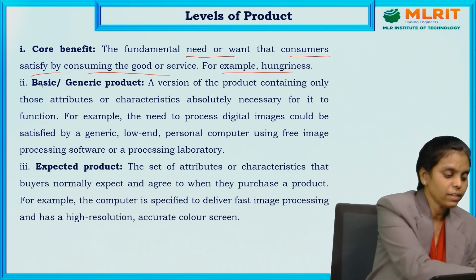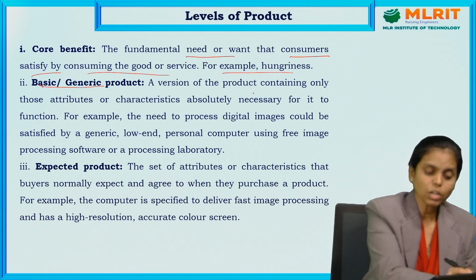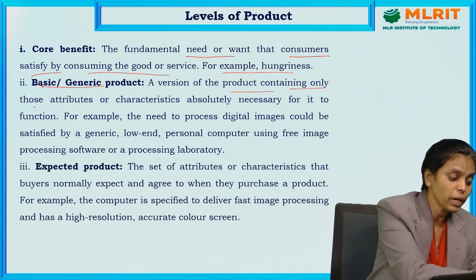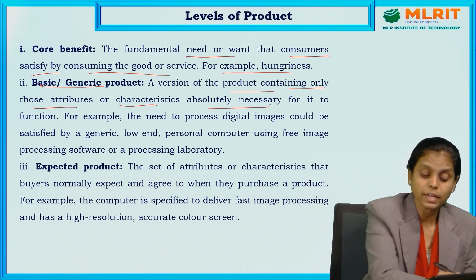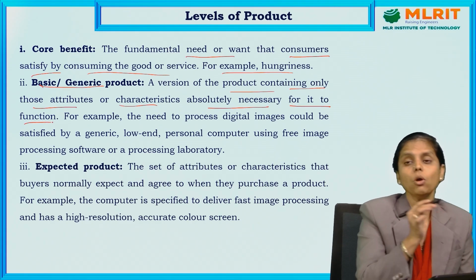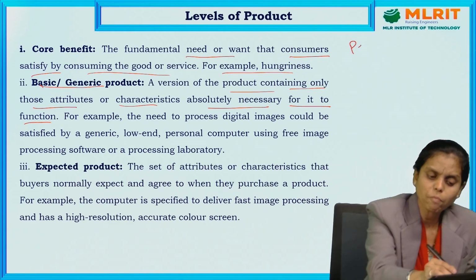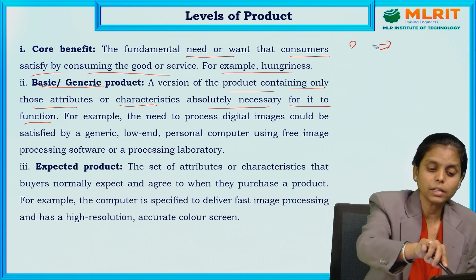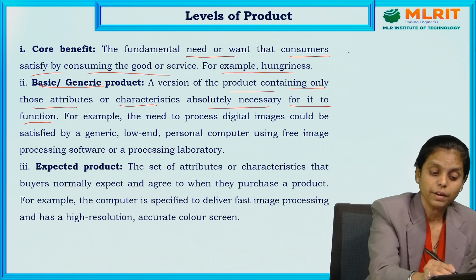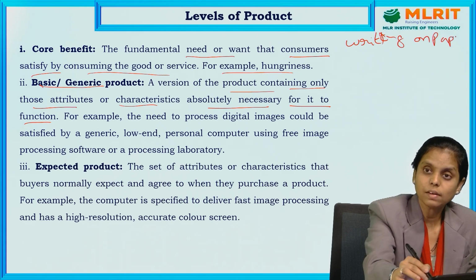Now come to the next one, that is the basic or generic level. Under this, a version of the product containing only those attributes or characteristics absolutely necessary for it to function. For example, in the case of writing on paper, what is our need?